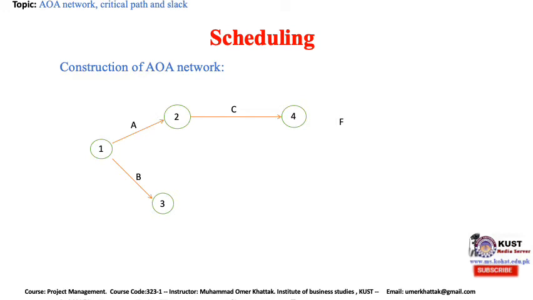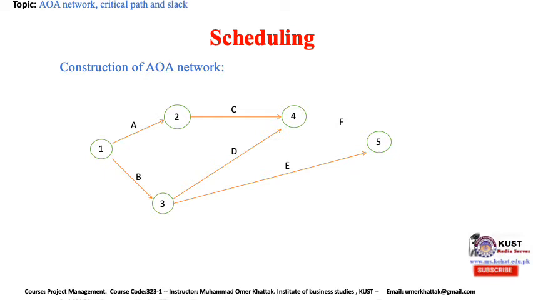Now, we know that activity D follows activity B. And as both activity D and C are prerequisites for activity F, we make them finish up at the same node called node number 4. Activity E has activity B as predecessor, but it does not have any successor activities, so it ends up in a finishing node called node 5.